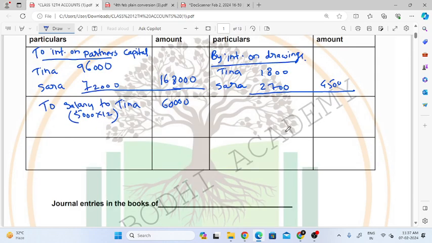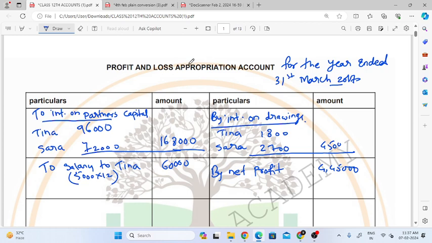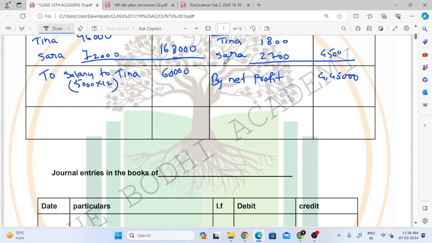Here you have to write down net profit as 4,45,000. Then you have to balance both sides and find out how much profit we are going to distribute among the partners. Profit and loss appropriation is nothing but looking at how much will be the distribution of the profit or the losses among the partners.